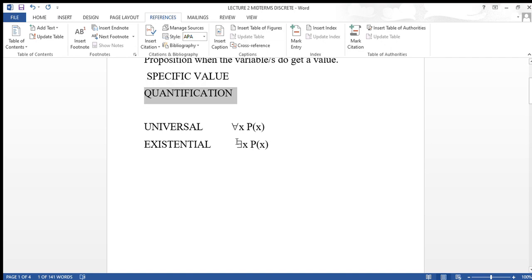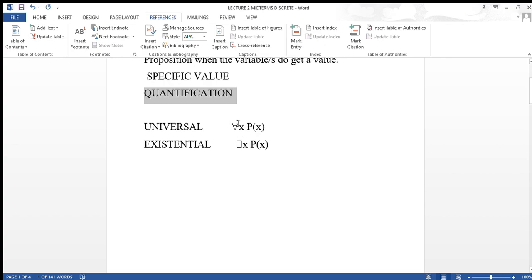And what's the main difference of these two? Of course, the main difference will be in how we consider the truth value of the proposition. For the universal quantification, for all, this means that for all the values of x, and where do we get the values of x? We need what we call our universal set, or our universe of discourse.